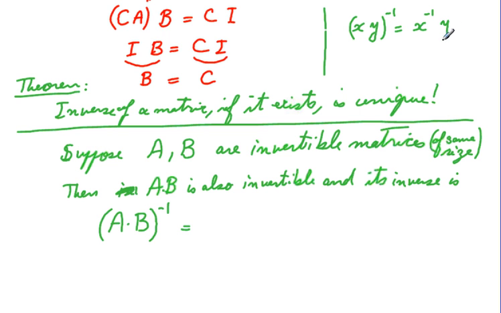Well, that is one way to do it. What do you think happens here? Inverse of a product of matrices is a product of inverses, but something interesting happens. It's the product of inverses in reverse. That is, it's B inverse times A inverse.